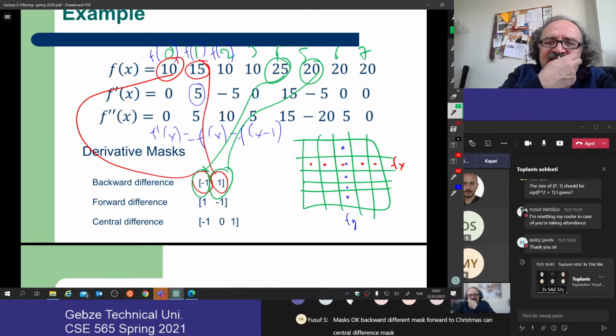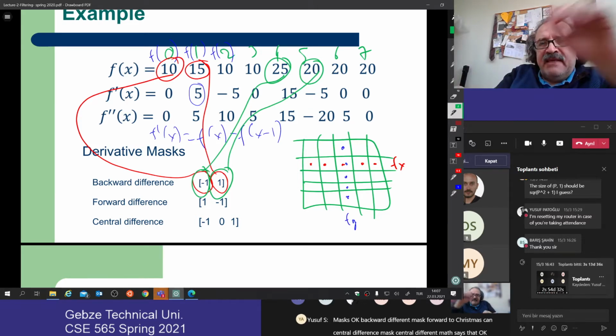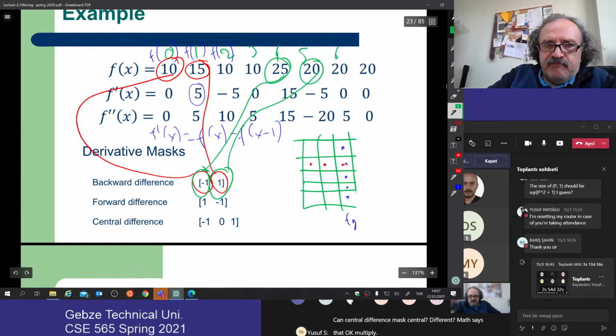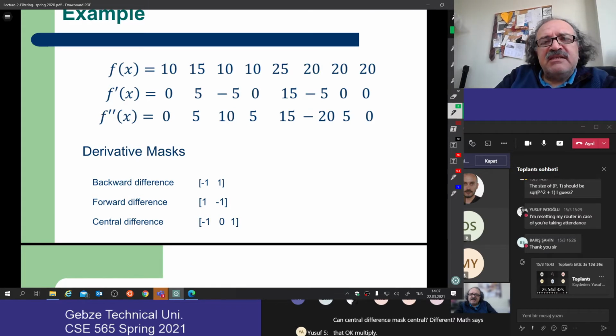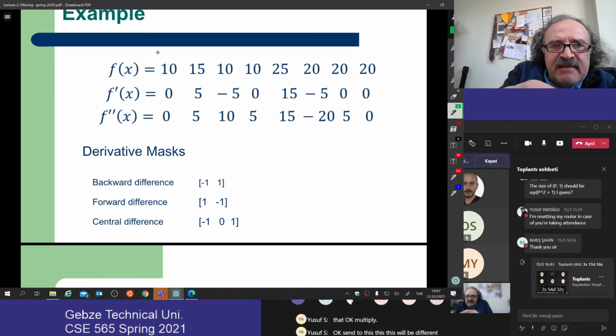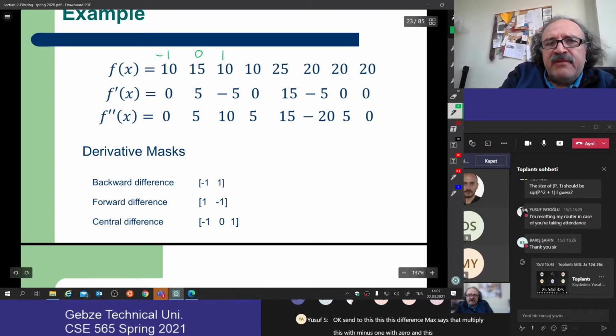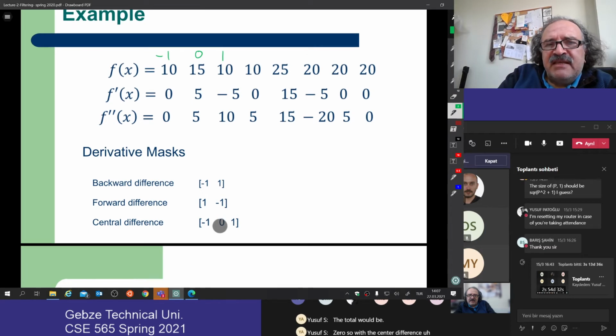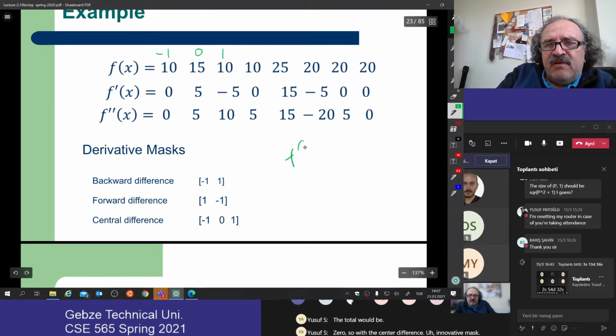The central difference mask says to multiply minus 1 with this, 0 with this, and 1 with this. So minus 10, 0, and 10, the total would be 0. So with the central difference derivative mask, f1 would be 0.